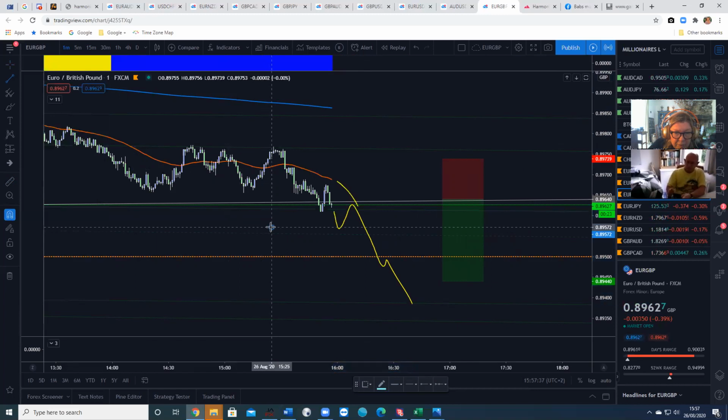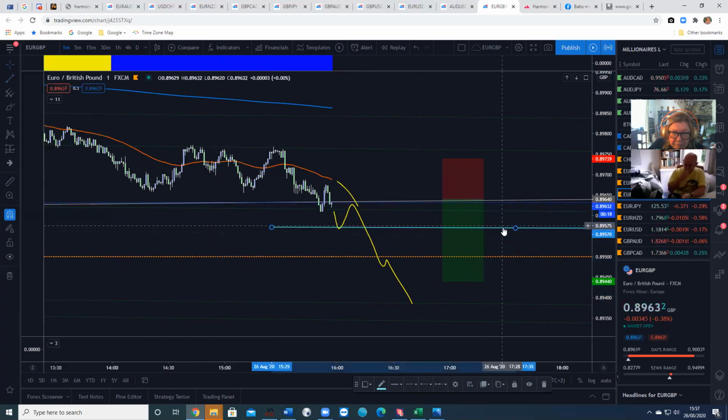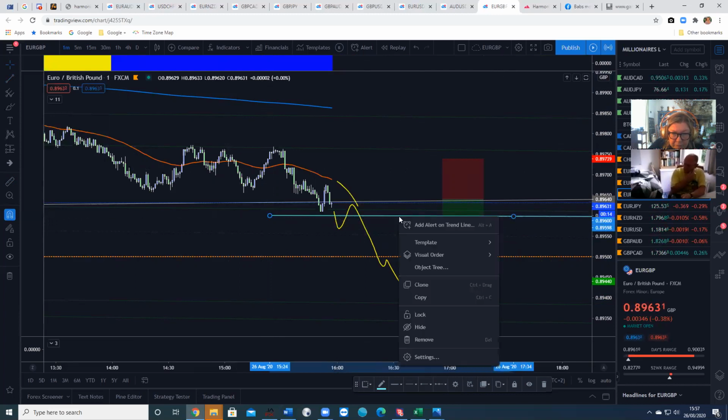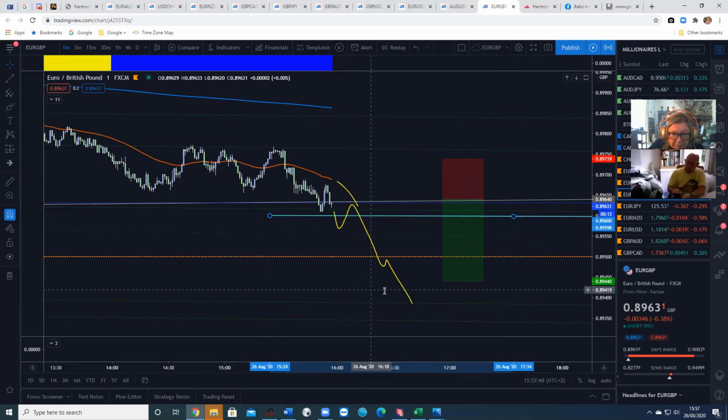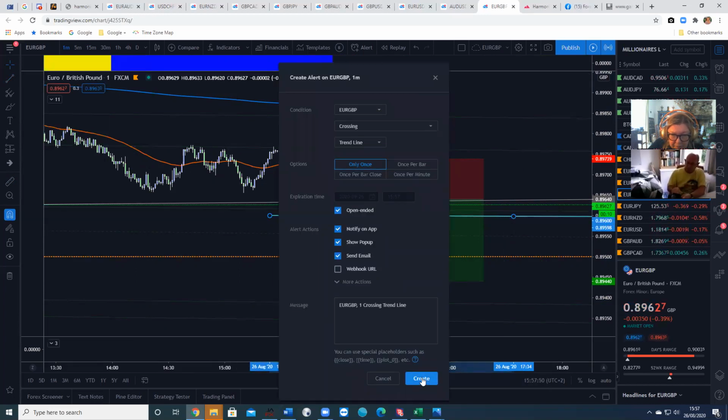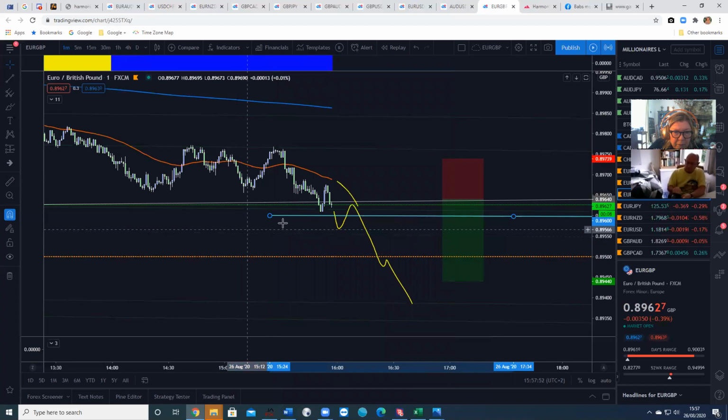So I'll put a line on there. Let's see what happens as an alert. But not really one of my favorites to trade in the afternoon.